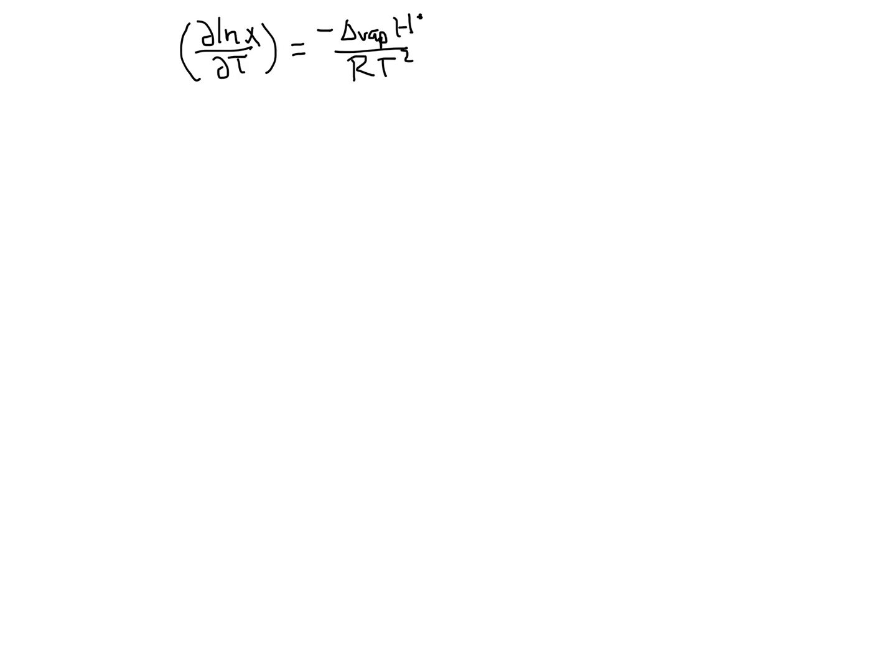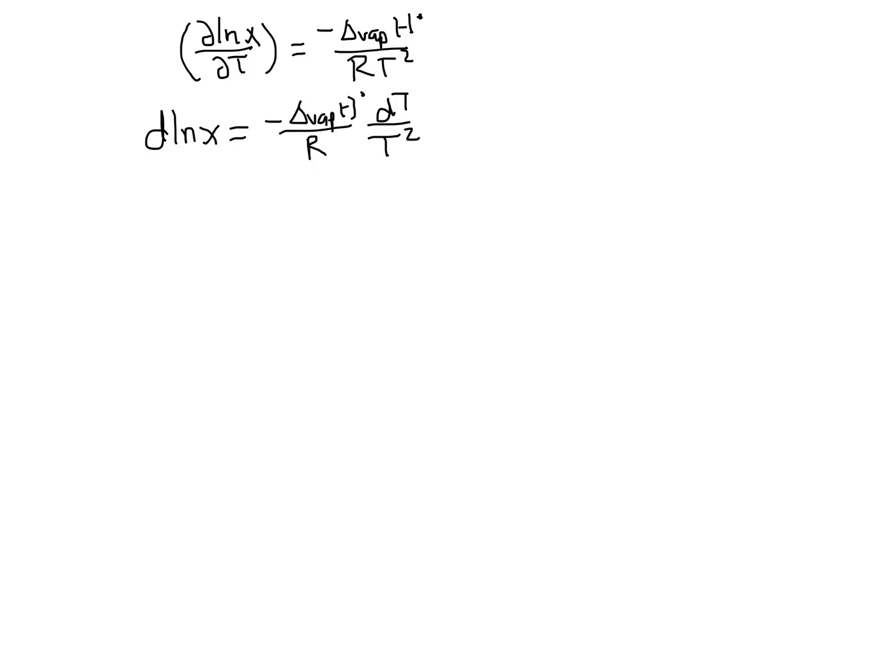Now that we have our differential expression, all that remains is to separate variables and integrate. So if I separate variables, I have d natural log of x is equal to minus delta H of vaporization for the pure substance over R dT over T squared.